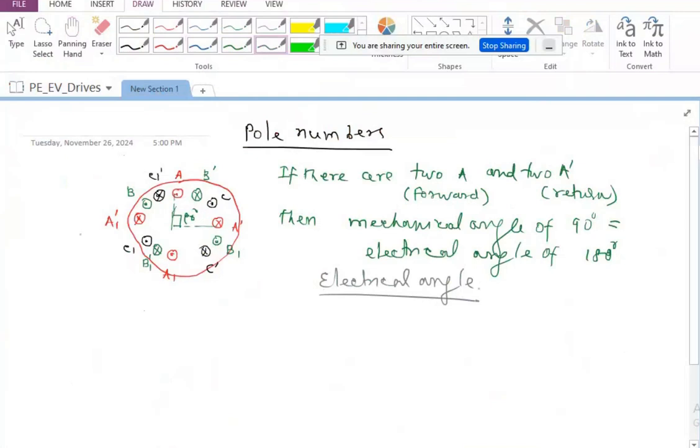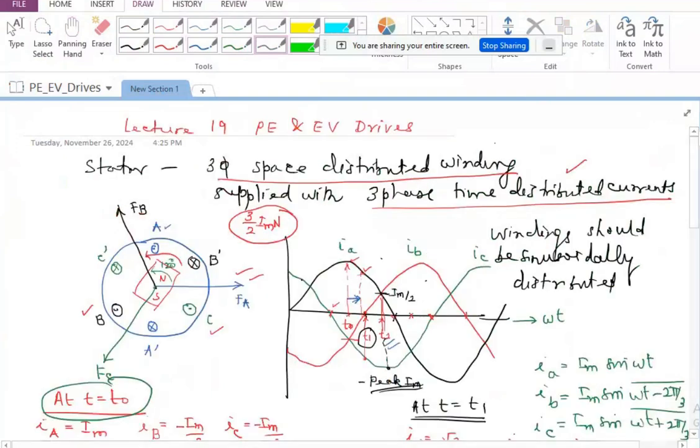So here, if I have so many number of windings, 4 windings, the previous one corresponded to only A and A dash. So when you have only one pair of forward and return path together, you call that as two-pole winding. So this is essentially, it will create only two poles, one north and one south pole. It looks as though that is rotating at 3000 RPM if I am supplying these windings with 50 Hertz.